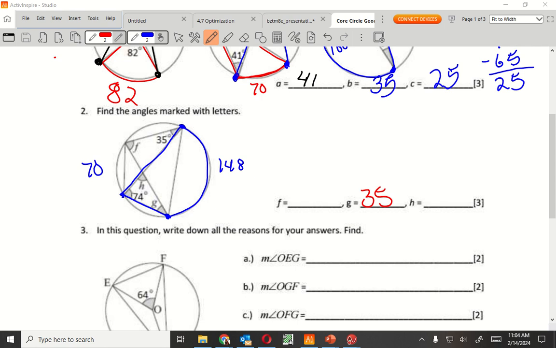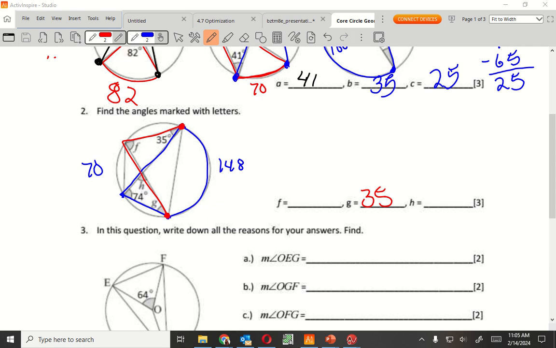Okay. Now, using that information, going back to the other one, this endpoint here and this endpoint here is also for this. Let's look. That is my inscribed angle, and it has the same endpoints as that arc. So I know that the inscribed angle is going to be half of my arc, right?